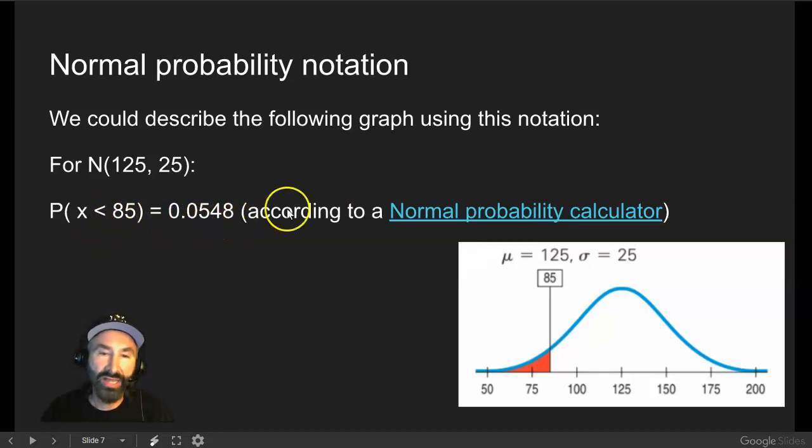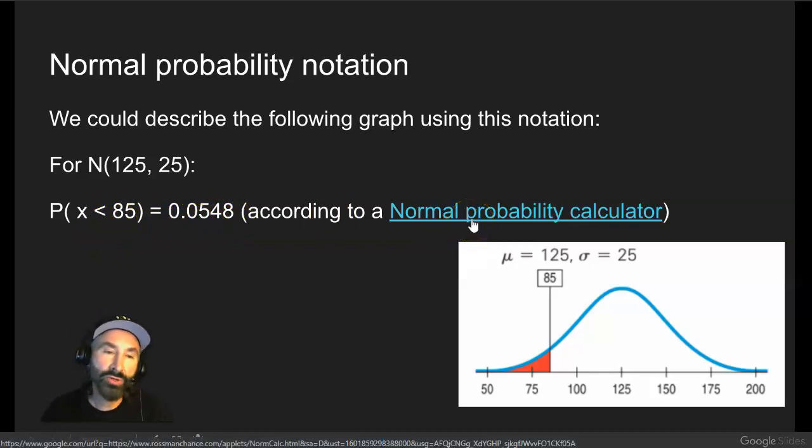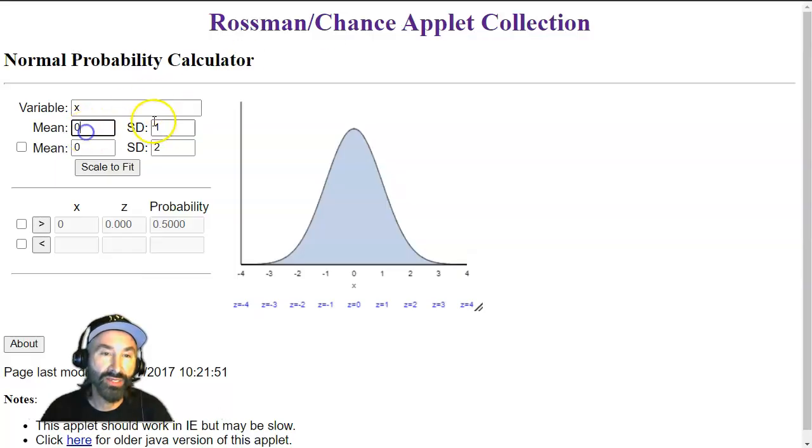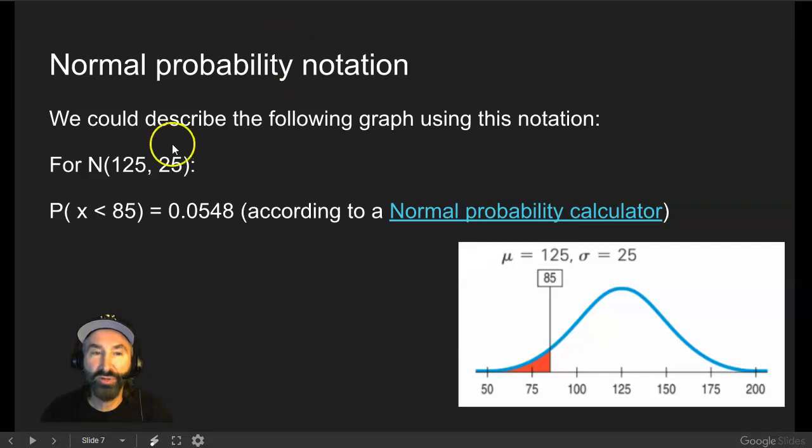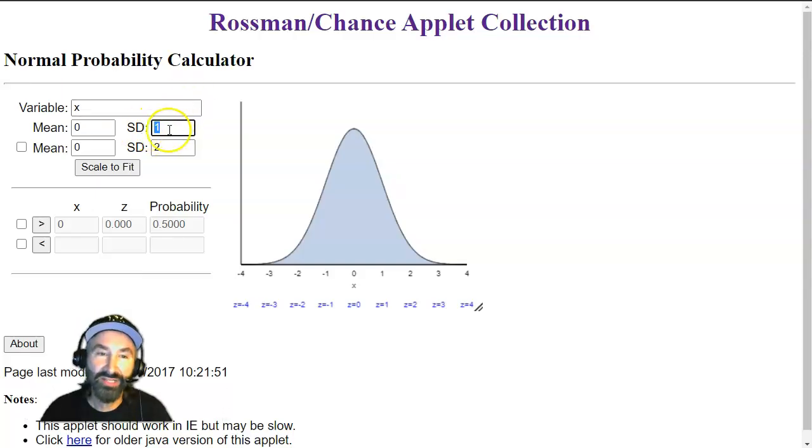And again, we can get this value by using a normal probability calculator. And with a good normal probability calculator, you can either put in a z value or an x value, as long as you put in the appropriate mean and standard deviation. Remember, for a standard normal curve, mean is 0, standard deviation is 1. For the normal curve we're looking at right now, the mean is 125 and the standard deviation is 25.